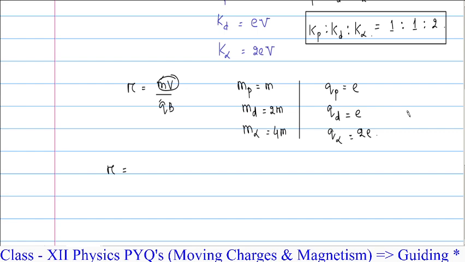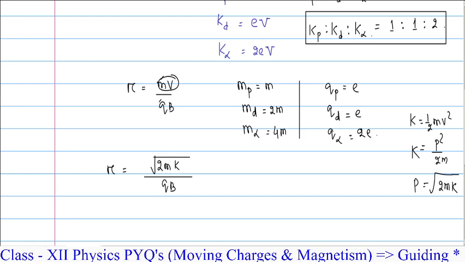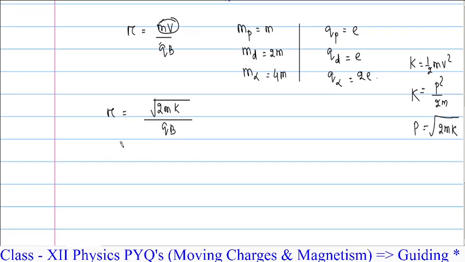We know that K equal to half mv squared, or it will be equal to p squared by 2m. Clear? So p equals root of 2mK. Using this formula we can write R equal to root of 2 times the mass and kinetic energy of the given particle, divided by qB. Now we'll take the ratio of the radii of all these particles: radius of proton is to radius of deuteron is to radius of alpha particle.